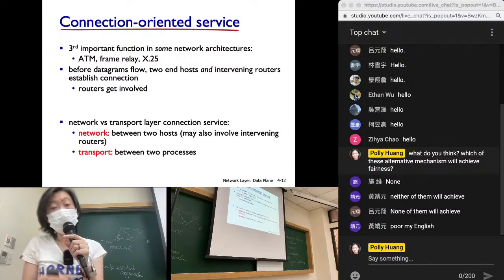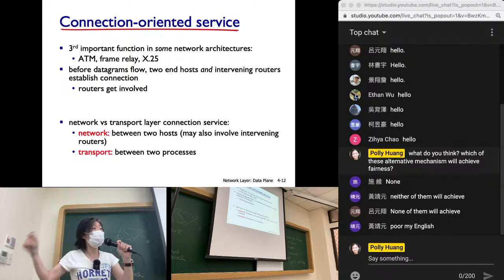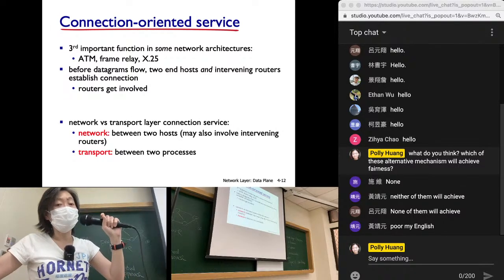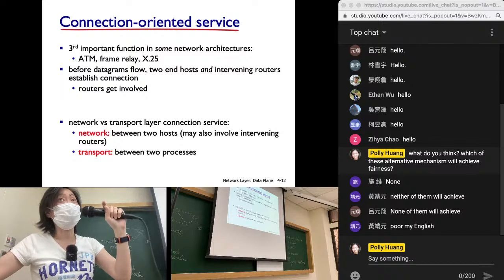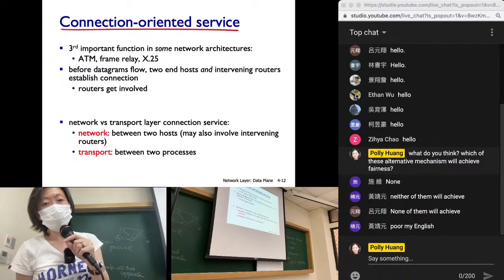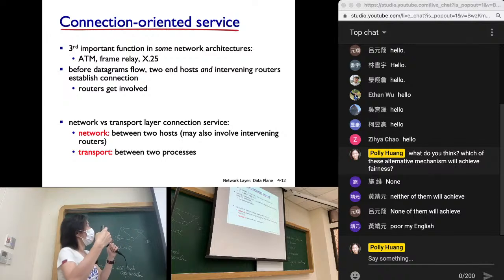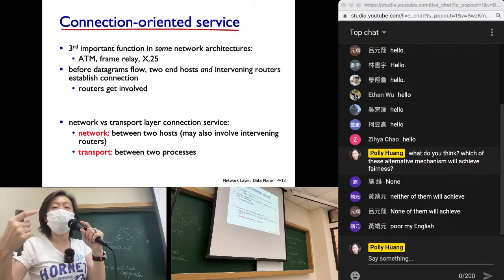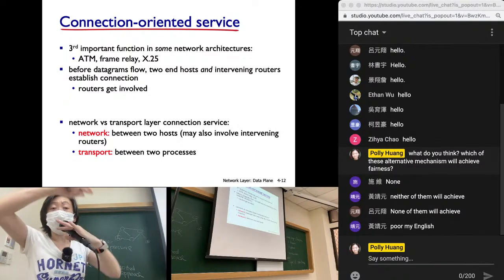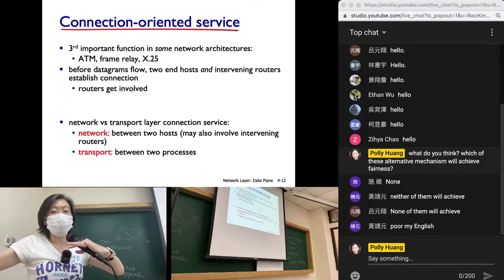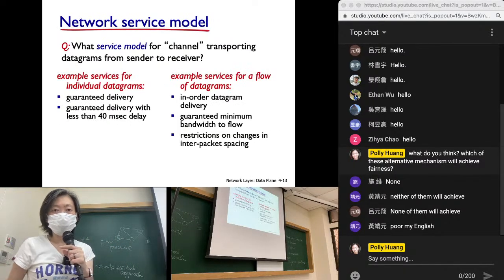But at the transport layer, when I say connection-oriented, TCP being a connection-oriented protocol means two processes are connected by the port number. Remember? So even though they are characterized the same way, connection-oriented or connectionless, that connection is actually at very different levels. Process to process versus host to host.